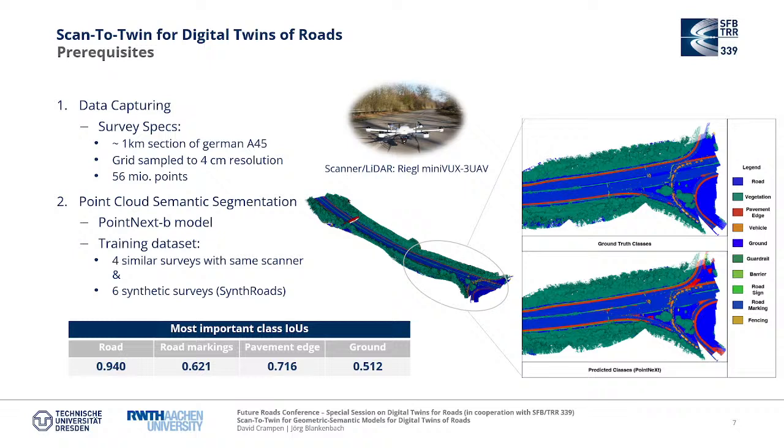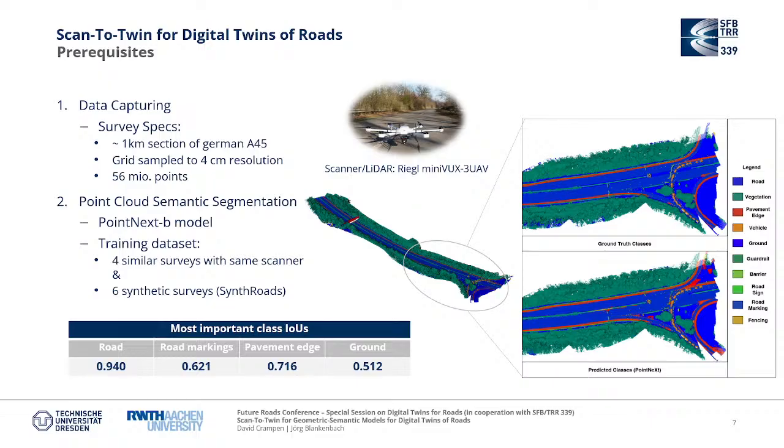And for us right now, because we are focusing on the road space only, the most relevant classes that have been predicted by this particular model are the road markings, pavement edges, and the ground.